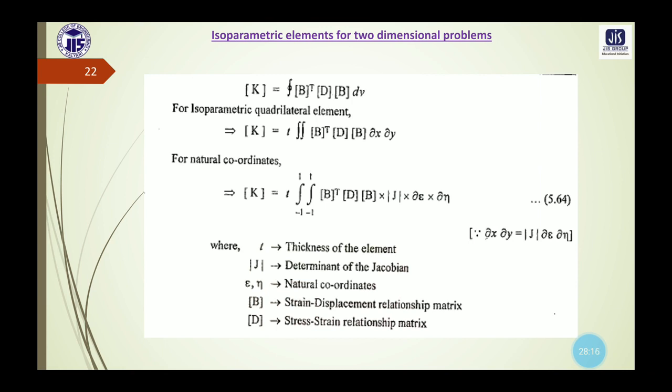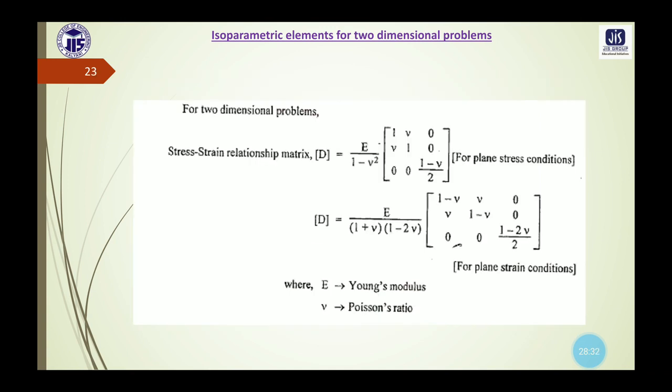So some more complicated mathematical formulas we get here in case of these isoparametric elements. Some of these formulas we need to remember to solve the numericals based on this concept.